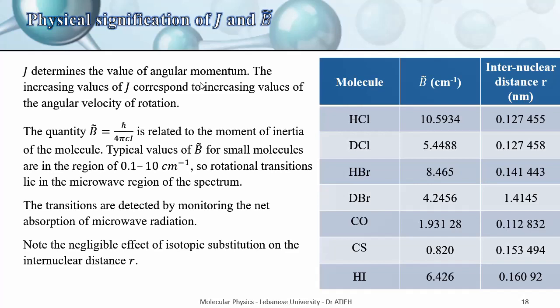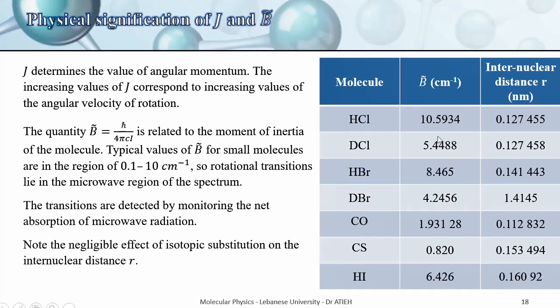Typical values of B for small molecules are in the range of 0.1 to 10 cm minus 1. So rotational transitions lie in the microwave region of the spectrum. From this table, you can note that the values of B for different diatomic molecules are between 0.1 and 10 cm minus 1.